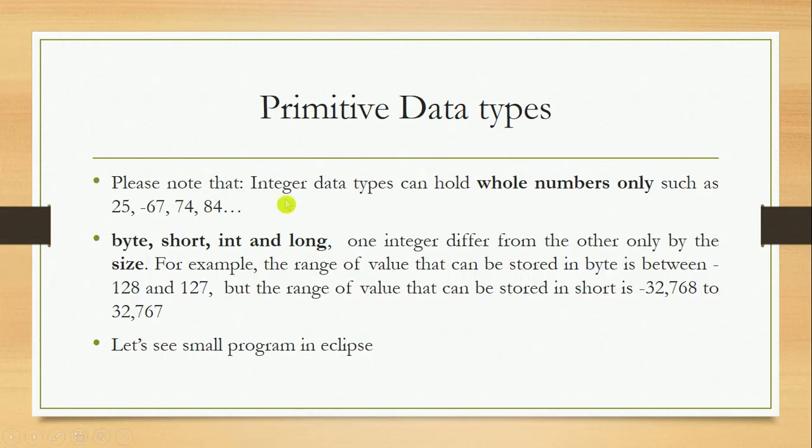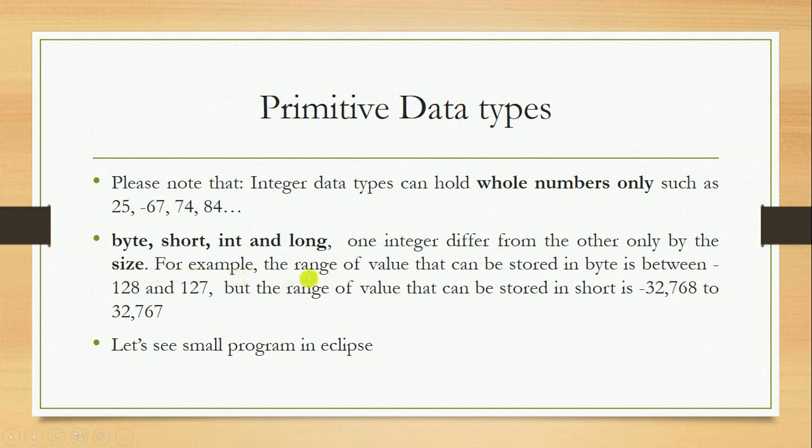Please note that integer data types can hold whole numbers only, such as 25, negative 67, 64, and 74, and 84, and so forth. Byte, short, int, and long, they all are integers, as I've said it earlier. One integer differs from the other only by the size.